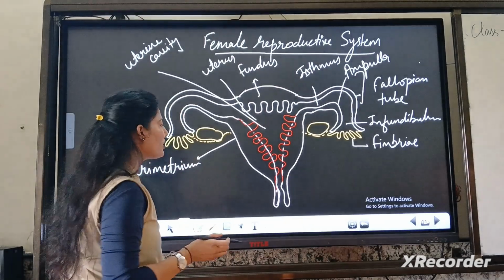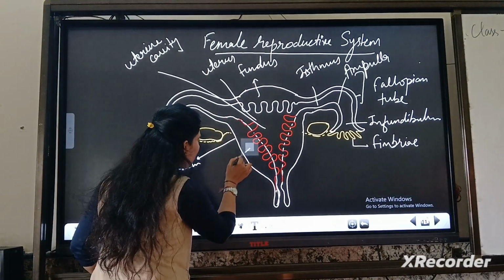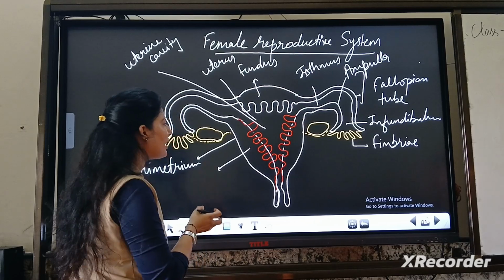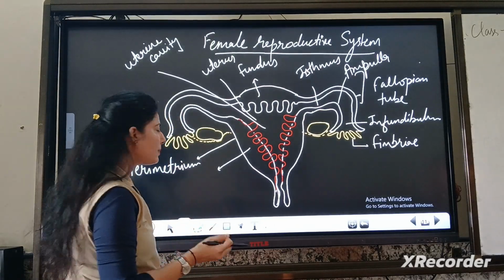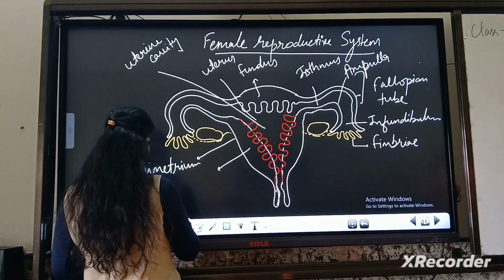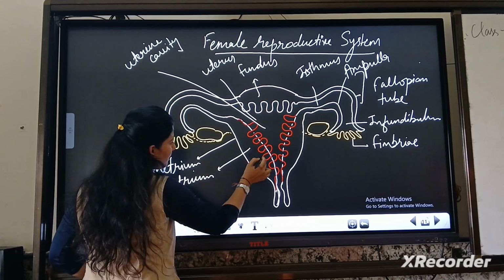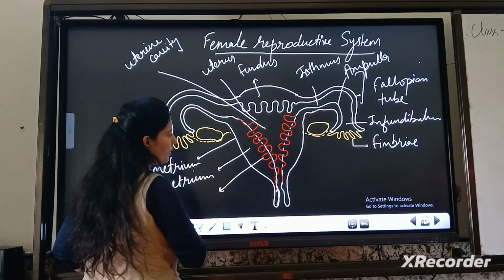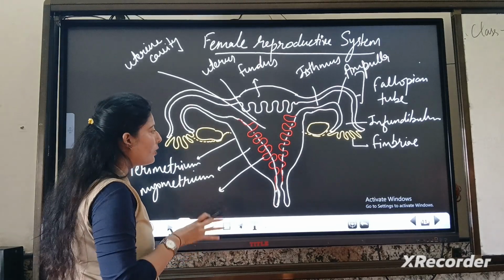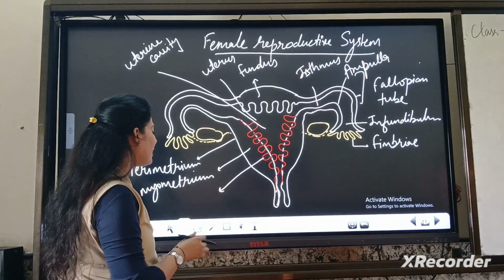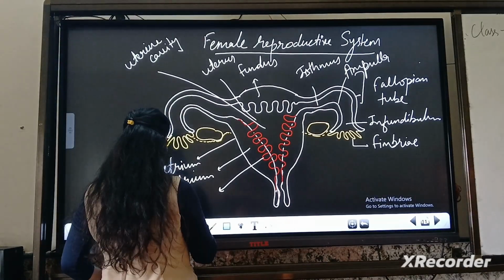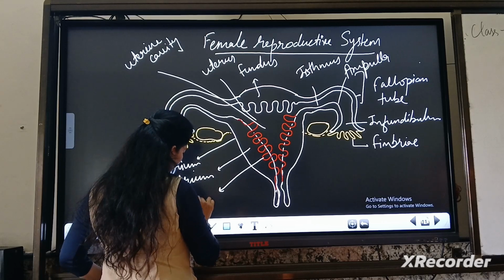This is the thinnest layer. After moving inward from the perimetrium, there is a muscular layer, which we call myometrium. And the innermost layer, surrounded by a number of blood vessels, is called endometrium.